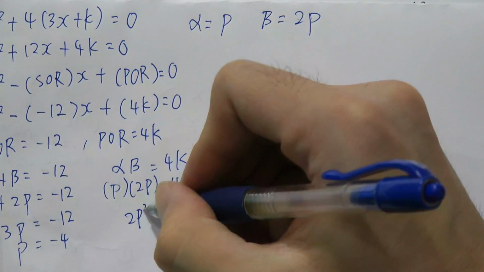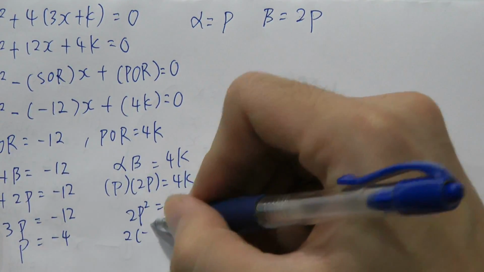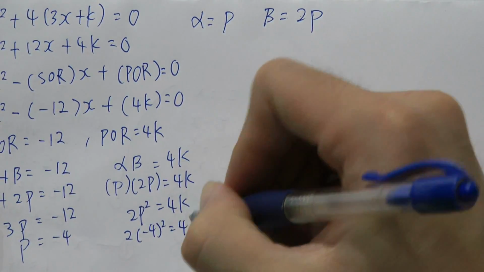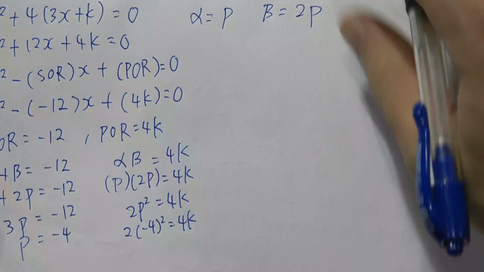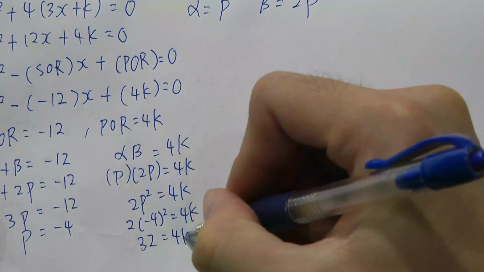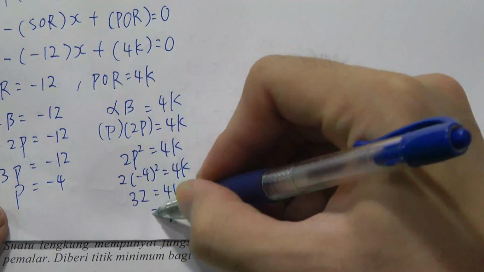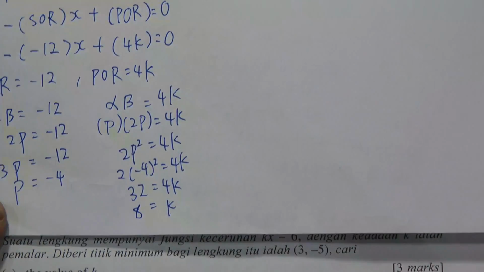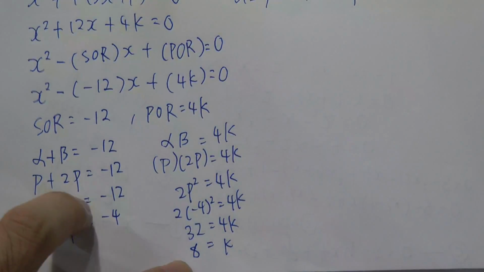Therefore 2p squared equals 4k. P I got negative 4, so 2 times negative 4 squared equals 4k. Negative 4 squared is 16, 16 multiply 2 is 32. Therefore 32 will equal to 4k, and then k will be 8. That's all. P is negative 4 and k is 8.